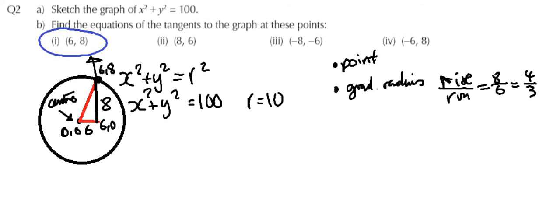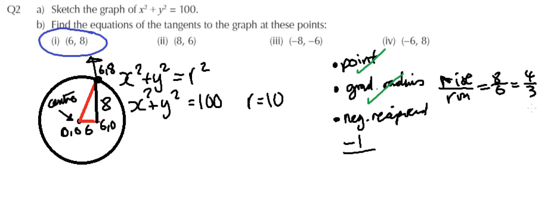So point done, gradient of the radius done. Next one. Now I need the negative reciprocal to find the gradient of the tangent. My negative reciprocal, remember, is -1 divided by the gradient of the line I want it to be perpendicular to.